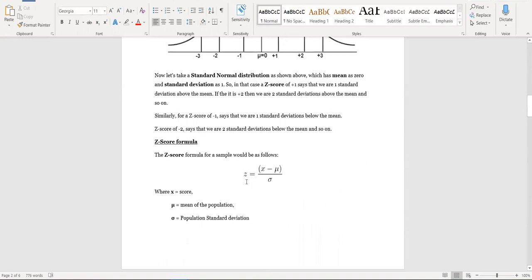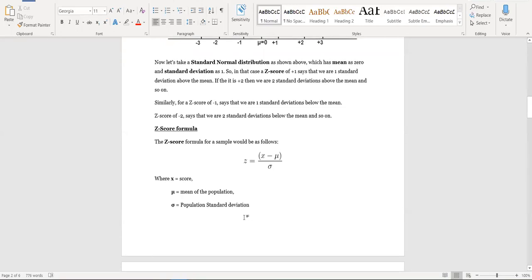Here, the x value that you see is the point which we are taking from the population to determine whether it's an outlier or whether it lies beyond the boundary of three standard deviations. And then mu is the mean of the population, and sigma is the population standard deviation.